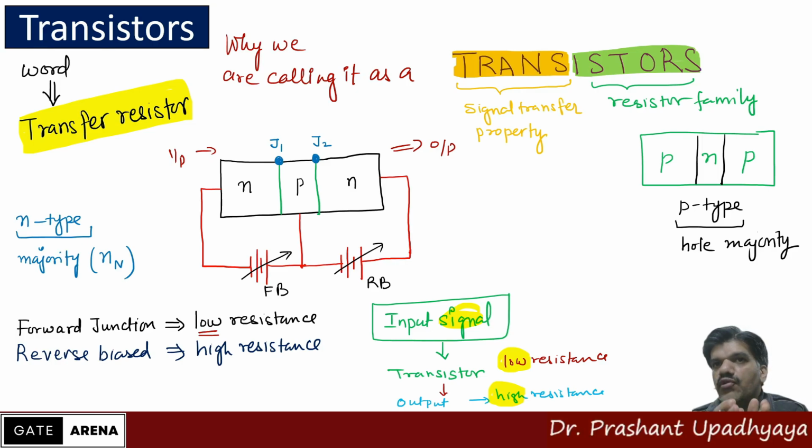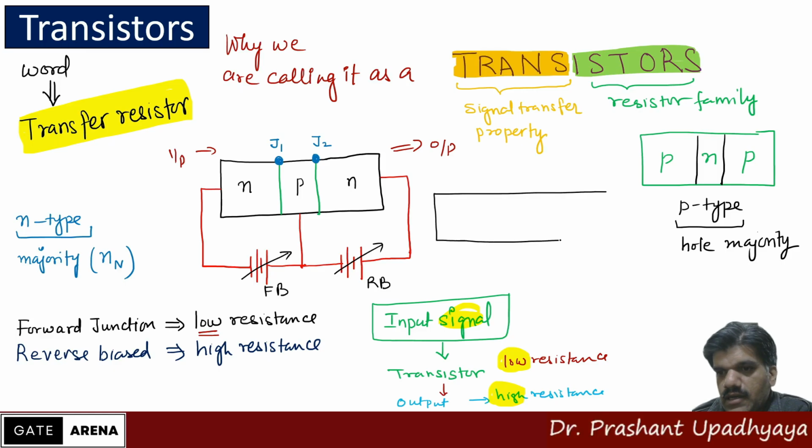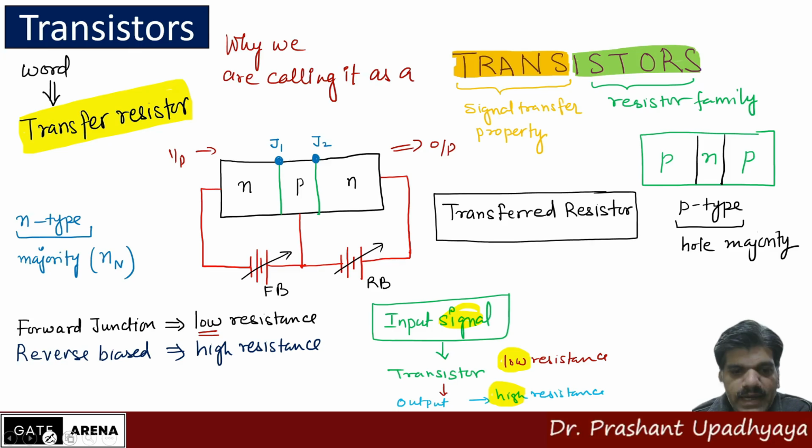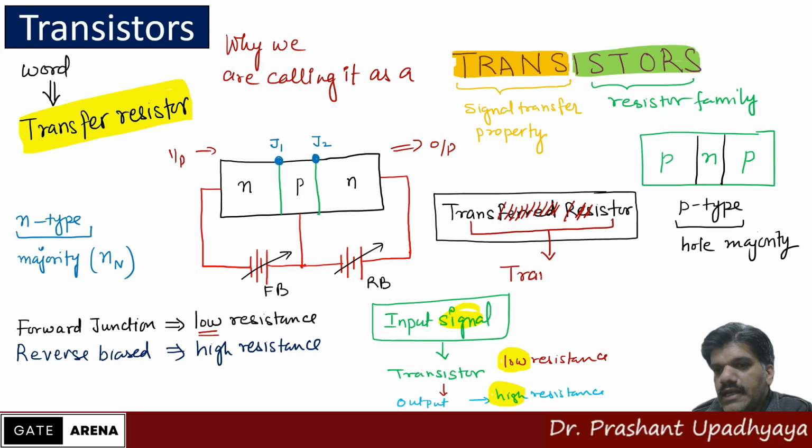Transfer of signal from low resistance into a high resistance region is also known as the transistor. Just for the sake of understanding, I write transferred resistor, and if I delete the 'fer' and the 'res', I get the word combination TRAN, trans, ISTOR, transistor.